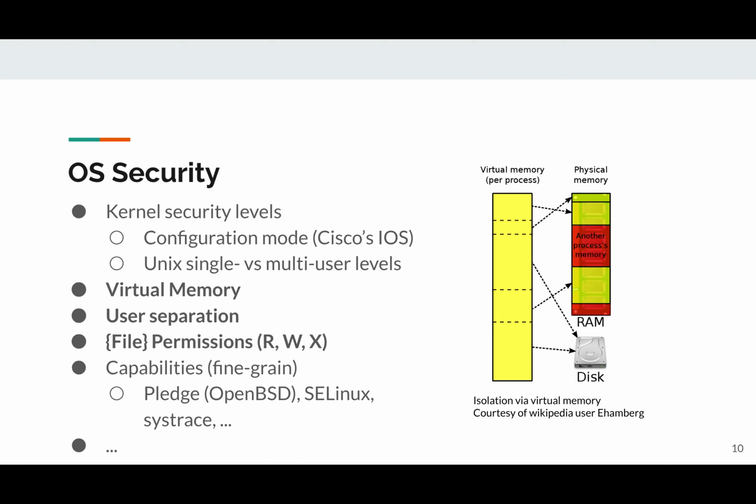So there are many more security mechanisms that come into play. Here on the right we show a graphic of what the virtual memory of a process can look like, and how this is actually implemented when we have the physical memory.